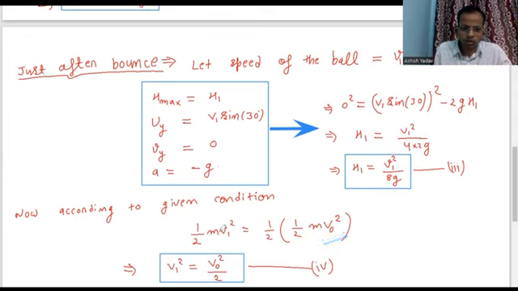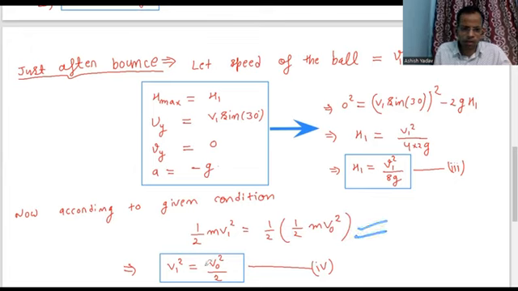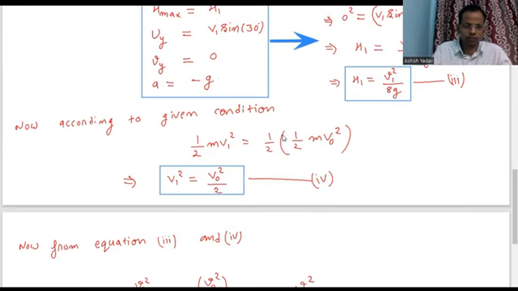So half m v1 square is the kinetic energy just after hitting the ground, and from this condition we get v1 square is v naught square upon 2. Let's suppose this is equation 4.